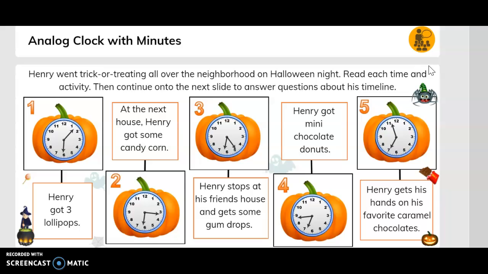You need to write the time that's on each pumpkin. And as you're writing the time down, I want you to draw the candy that he picks up along the way. So the first one has a clock and it says Henry got 3 lollipops. What's the time there?